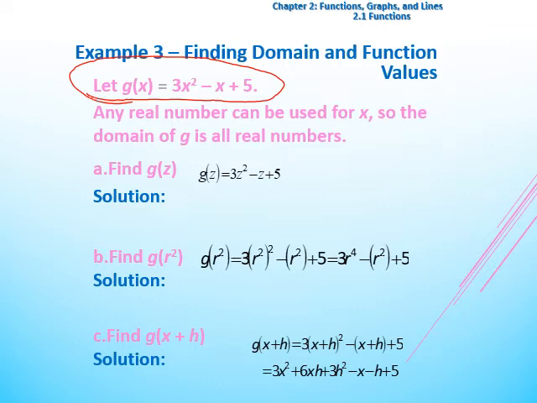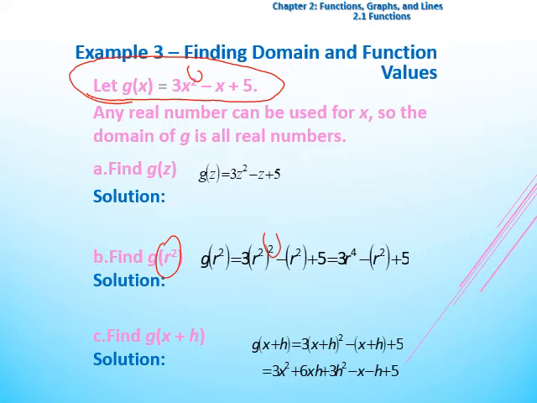The same goes for r squared. We substitute every x with r squared. Take care that x is already squared here, so don't eliminate that. So g of r squared will be 3r to the power 4 minus r squared plus 5.